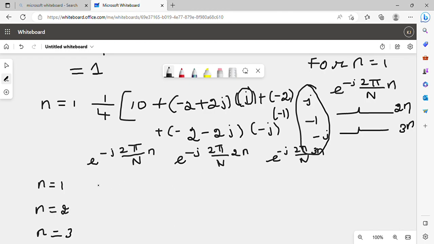So for all this, for your n is equal to 1, what resultant values are you going to get? You are going to get j, minus 1 and minus j.